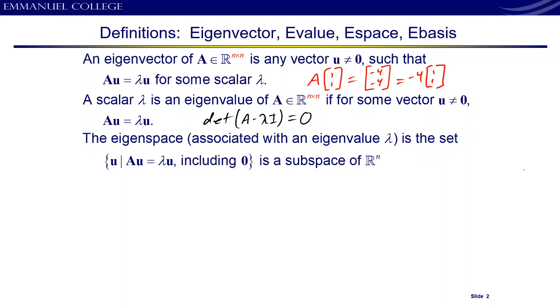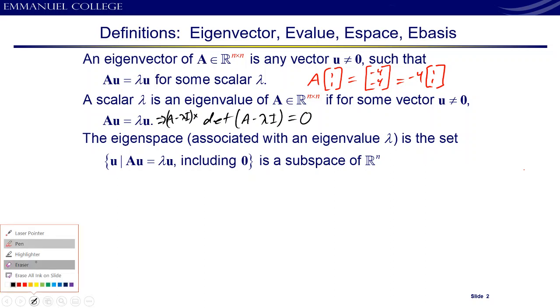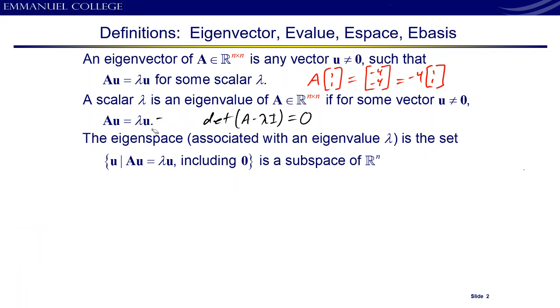And we try and find all the vectors that make Au equal to lambda u, because that's the same thing as trying to find A minus lambda I times, let me write it on the other side so it doesn't cramp up this one, so A minus lambda I times u equals 0.